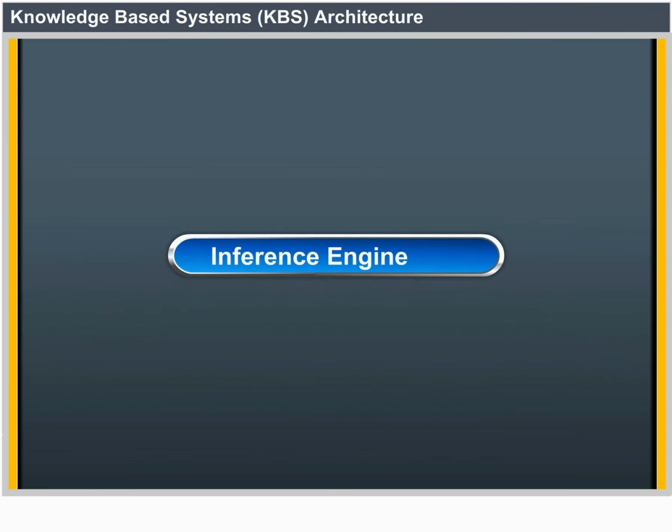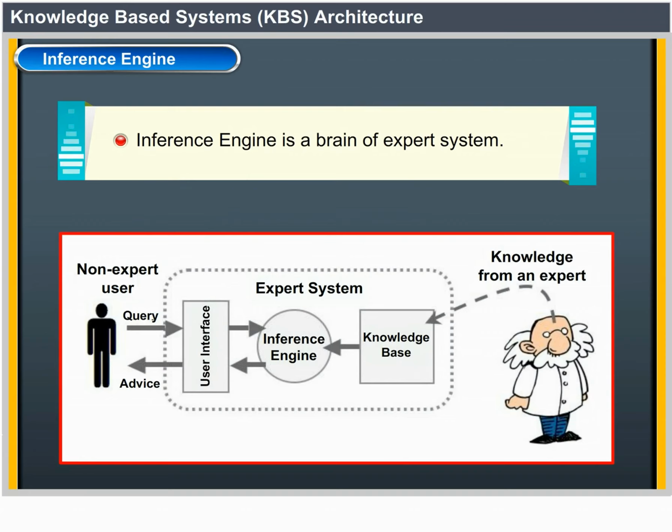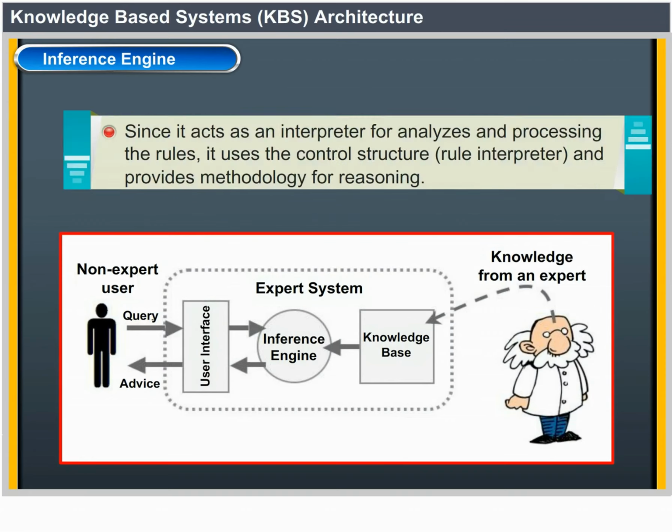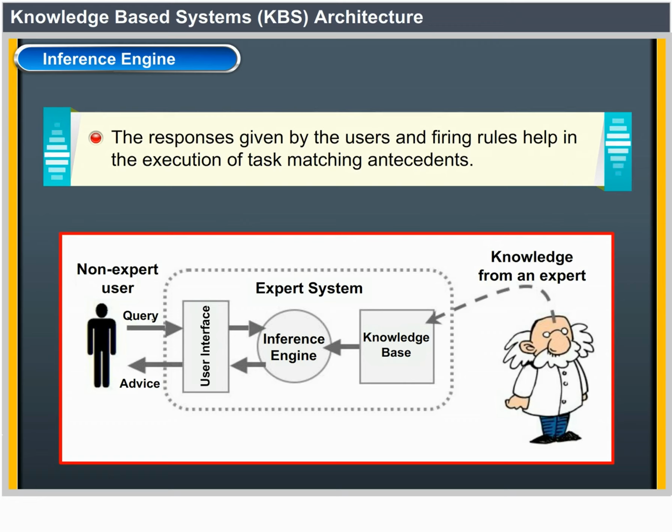Inference Engine. The inference engine is the brain of an expert system. Since it acts as an interpreter for analysis and processing of the rules, it uses the control structure, rule interpreter, and provides methodology for reasoning. The responses given by the users and firing rules help in the execution of task matching antecedents.